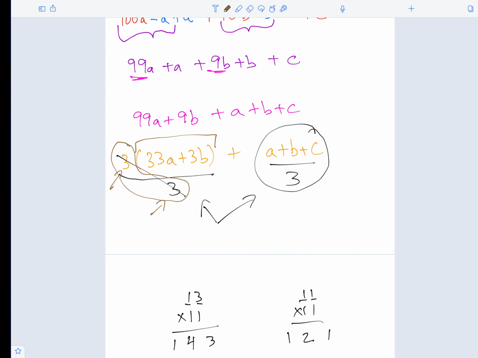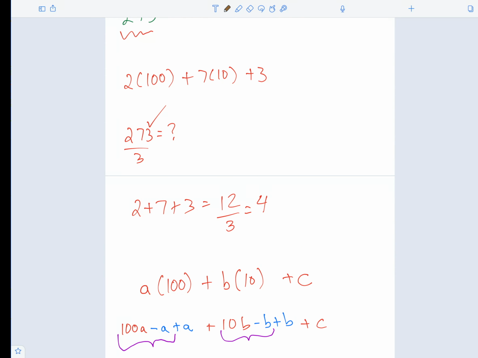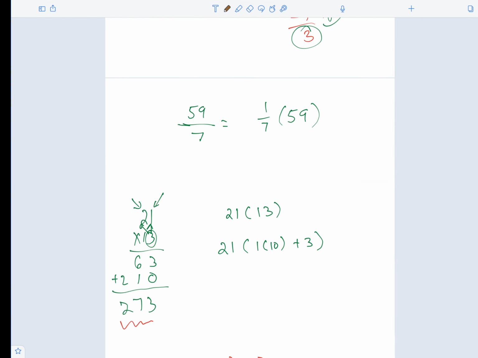I find this definition of division, while it's difficult to say, is actually probably the most useful for thinking about long division. So why?